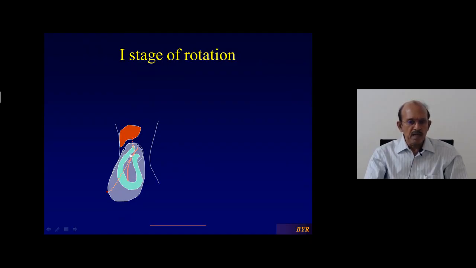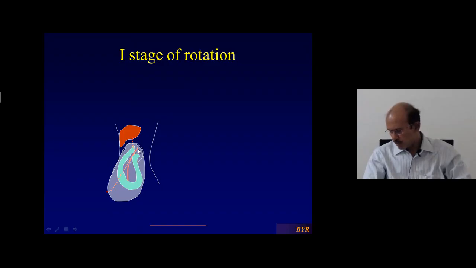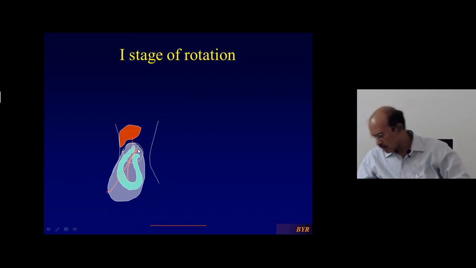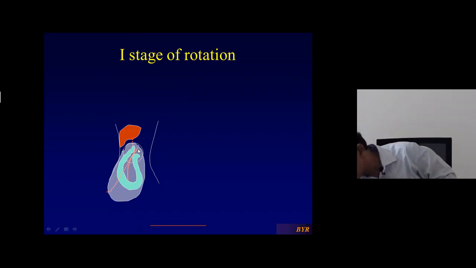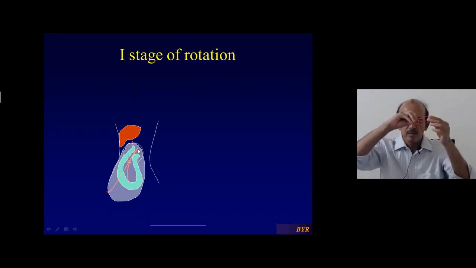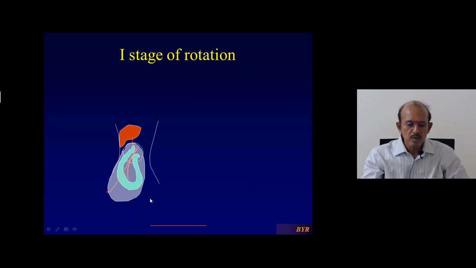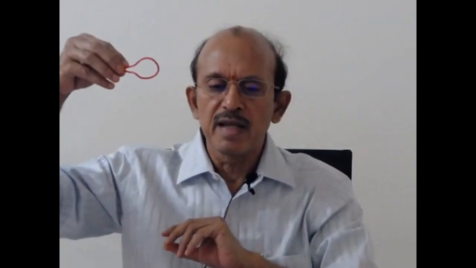So this pre-arterial loop, because of the drag of the umbilical vein, it twists. So this is the midgut loop.